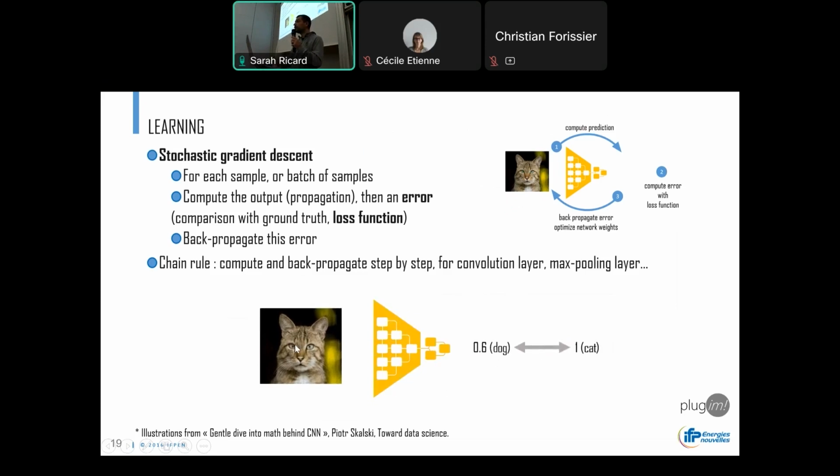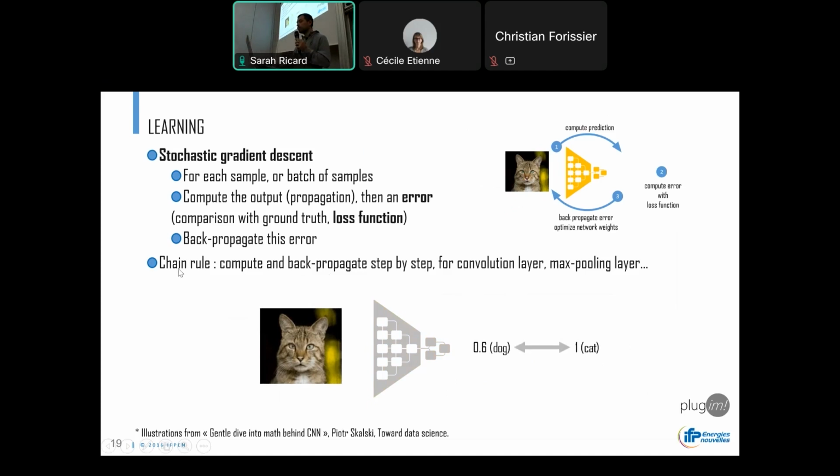The correction is very basic. The idea is to answer this question: how can I modify the parameters of my operation so that, if I take this input again, I obtain the same output as the output I want? Stochastic gradient descent is just a way to modify the parameters of your function to move the output to a specific value.